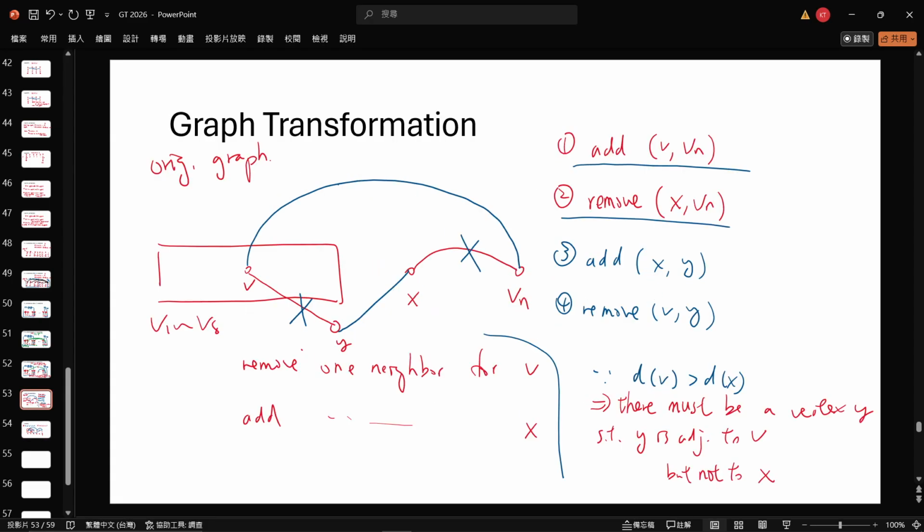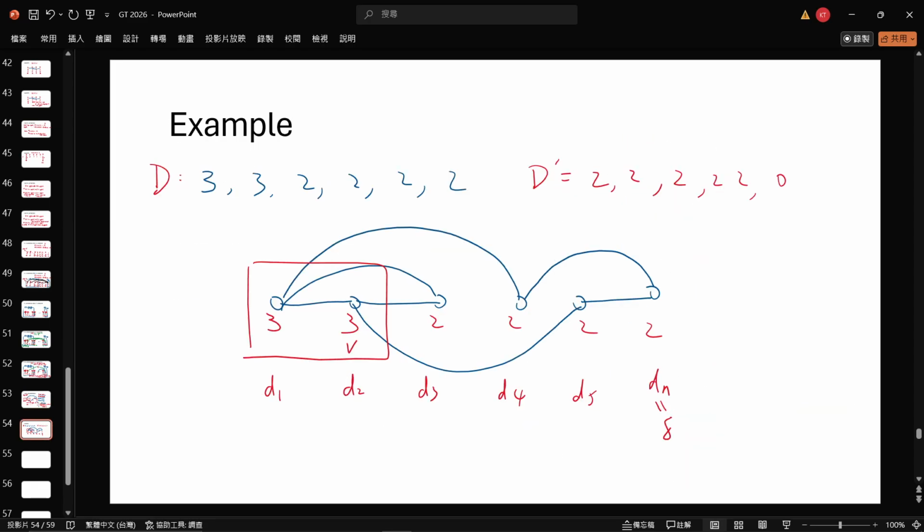So instead of being adjacent to V, Vn is adjacent to X. This is like a wrong neighbor. So in this example, V4 can be X.